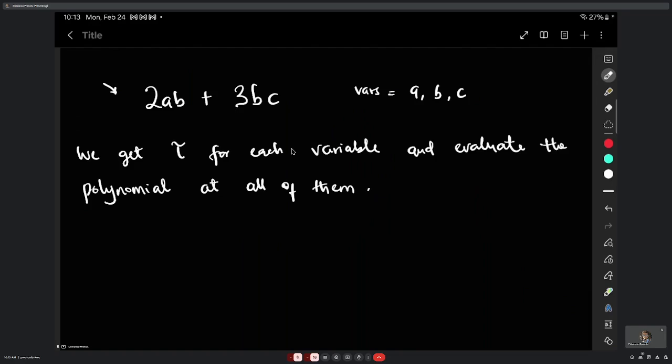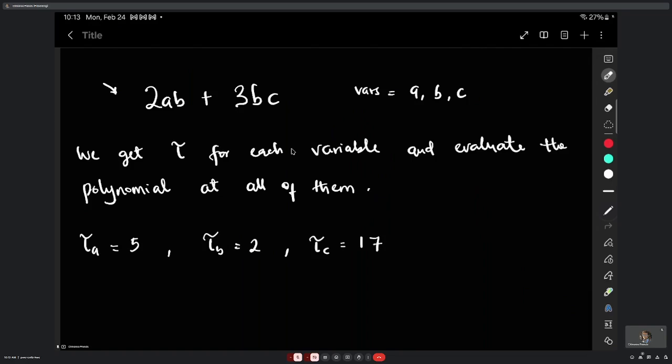We pick tau of A. What should we use as tau of A? 5. Tau of B? 2. Tau of C? 4.